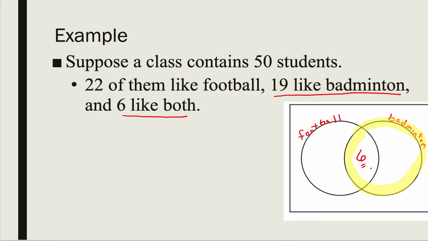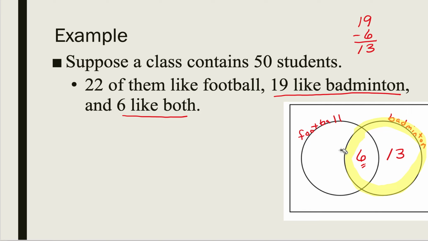So how many more do you need in order to make a total of 19? I'm going to say 19 minus the 6 that I already have. That tells me that there are 13 other students who like badminton. Again, when you're setting this up, look at the entire circle and make sure that the total in the circle is equal to the total in the problem.